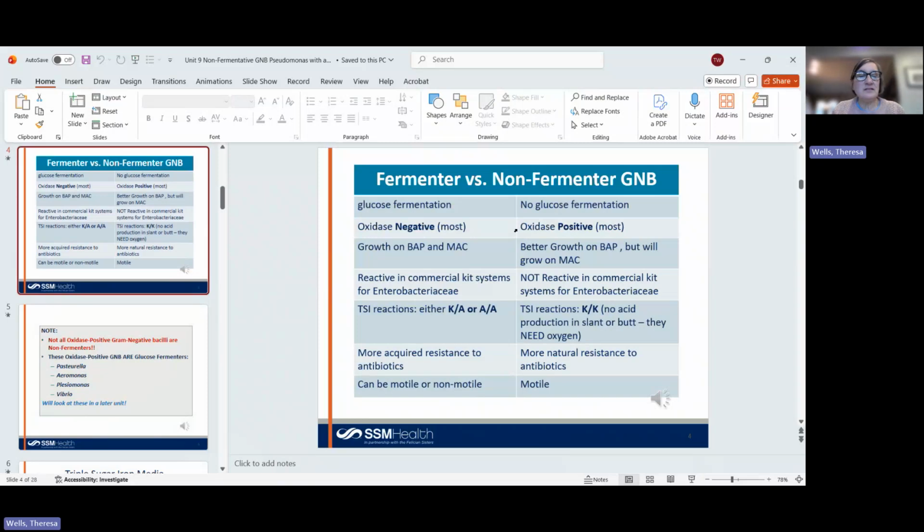These tables like this, I think, are really helpful. I totally understand how you cannot memorize every single organism, every single antibiotic, every single biochemical test. But when you think of groups of organisms, remember the basic characteristics of your Enterobacteriaceae. They will be on the left here of this table. Glucose fermentation, oxidase negative, grows on blood and MacConkey.